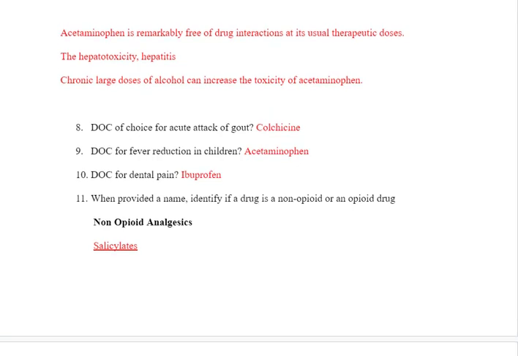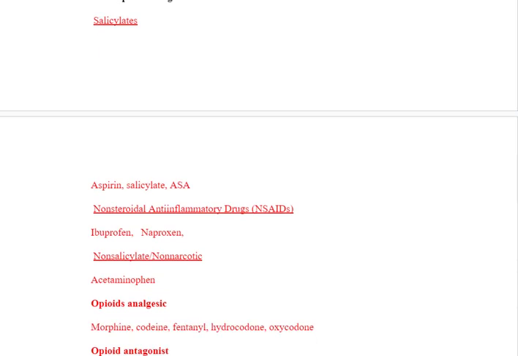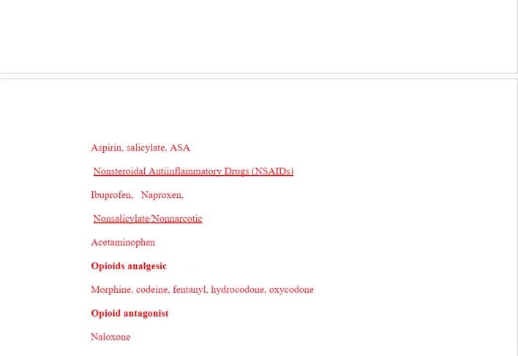When provided a name, identify a drug as non-opioid or opioid. So aspirin, ibuprofen, Tylenol: non-opioid, not addictive, right? Those three things. And I will say acetaminophen, Tylenol, but you have to know Tylenol is also APAP, and aspirin is ASA, salicylate, all those different names. And then the opioids: anything that you associate with addiction, morphine, codeine, Vicodin, OxyContin.